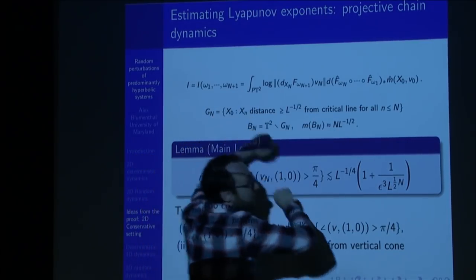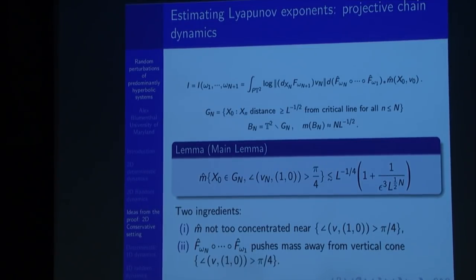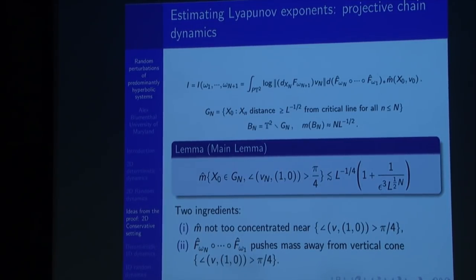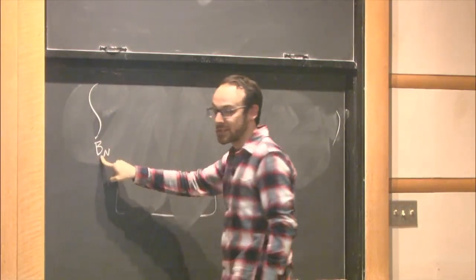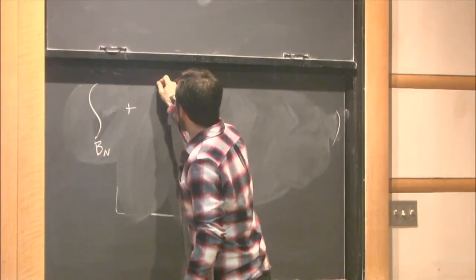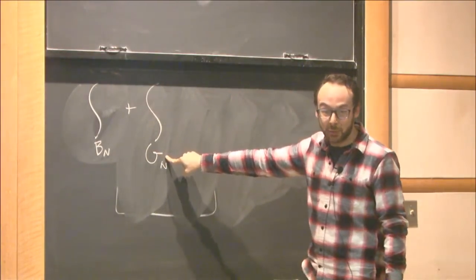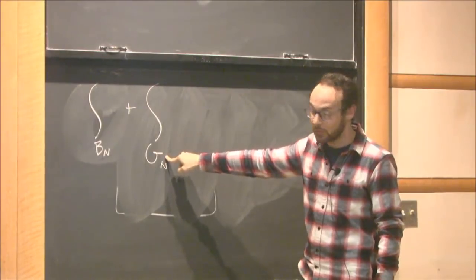This piece here will have two contributions. There will be an integral over the set of points that failed, the Bn, plus the set of points that stayed away from the critical set, like good children, right?